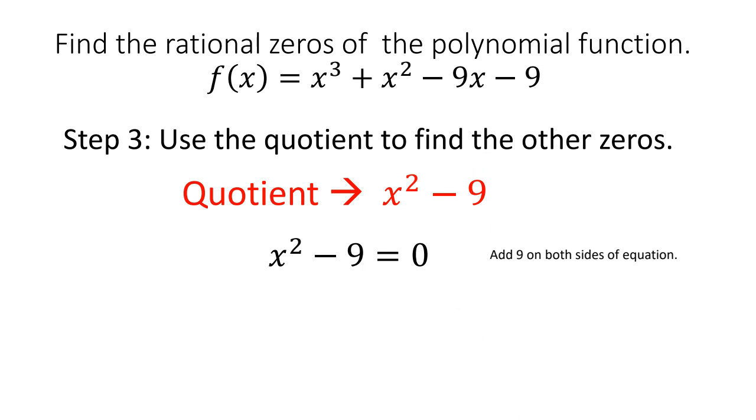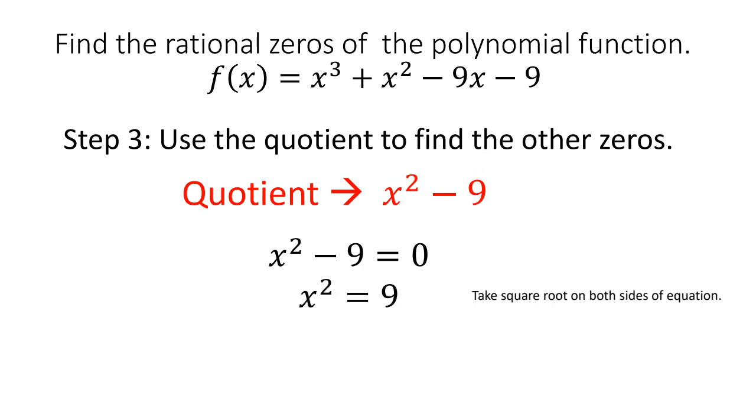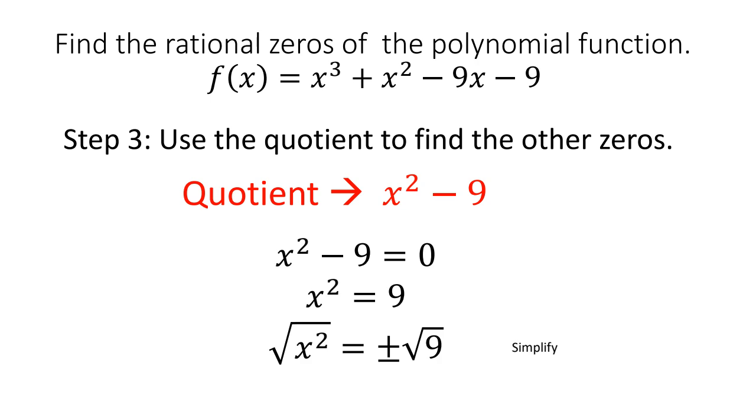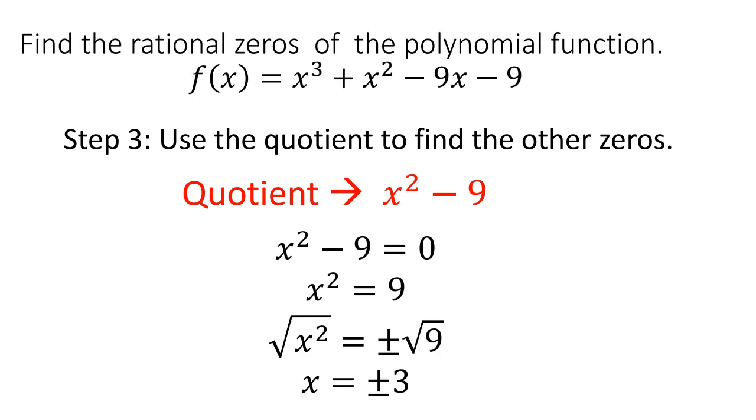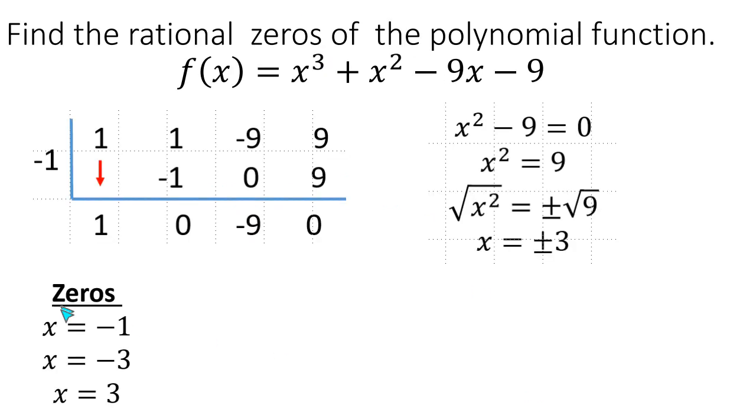I'm going to add 9 on both sides, take the square root, and so I get x is equal to ±3. So my degree was 3, so I have to have 3 zeros. And just to summarize, one of the zeros is x equals -1 that we got from the synthetic division. And the other 2 zeros are -3 and +3.